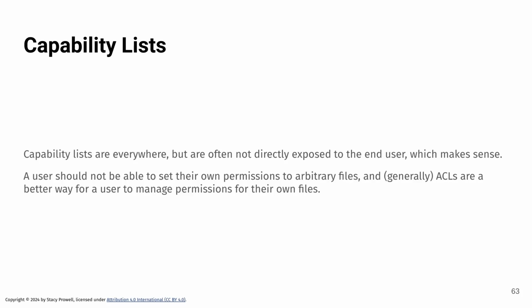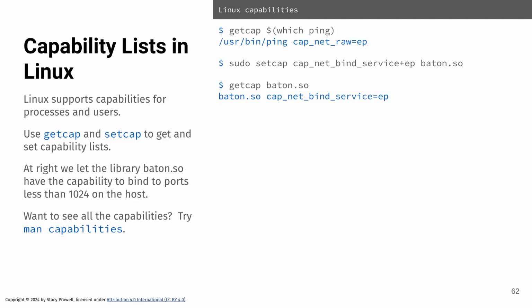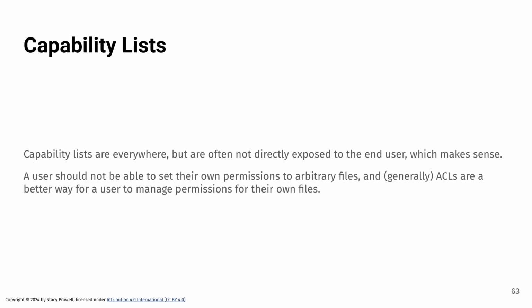But you shouldn't necessarily be able to manage the capability lists for users, right? Because you're a user, not typically multiple users. So you shouldn't get to set your own permissions. So it's a different kind of thing. On that previous slide, if I go back, you'll notice I had to use sudo to set the capabilities, right? I had to become an administrator to set capabilities for the obvious reason that ordinary users shouldn't be doing that.